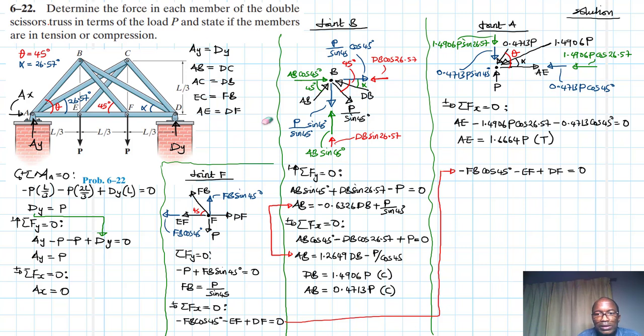So we have that, and we already know most of the values. AE is equal to DF. What is AE?